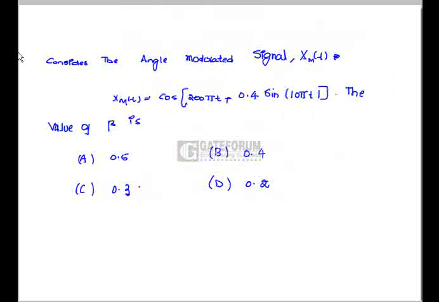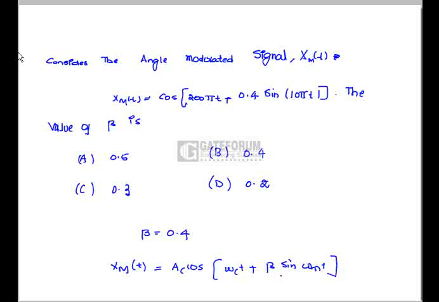Consider the angle modulated signal given by the equation xm of t. Calculate the value of beta. Here beta is nothing but the modulation index, which equals 0.4, because if we compare with the standard angle modulated equation, that is Ac cos omega ct plus beta sin omega mt, then we get beta as the modulation index, which equals 0.4. Hence option B is correct.